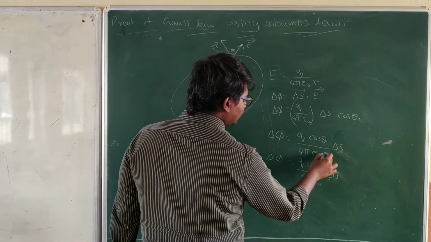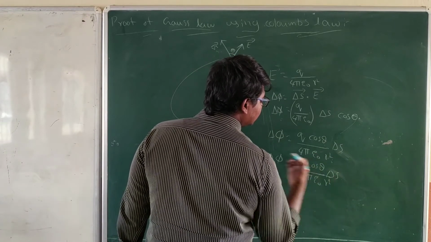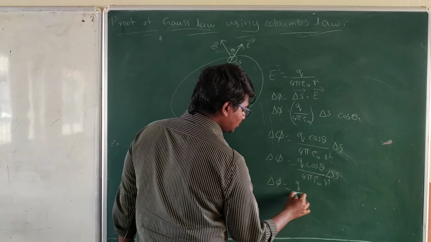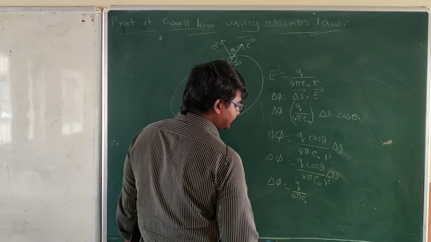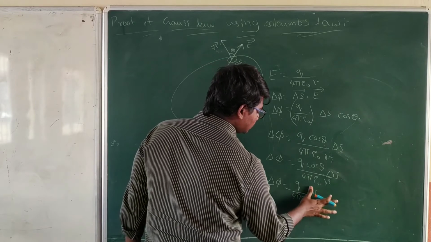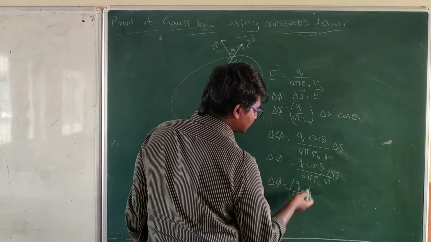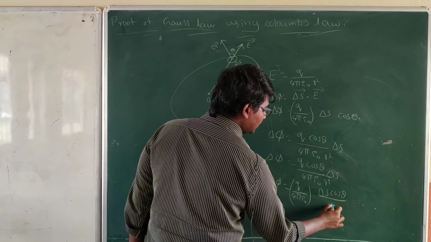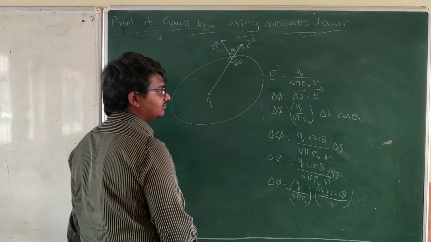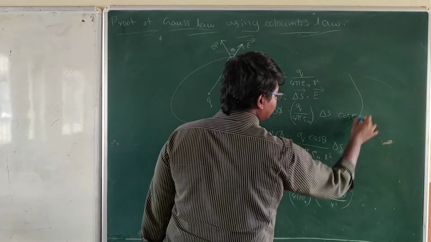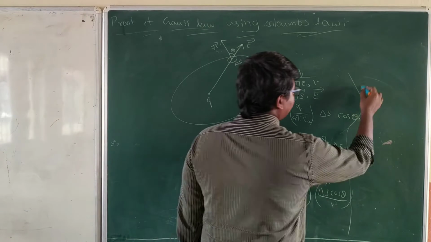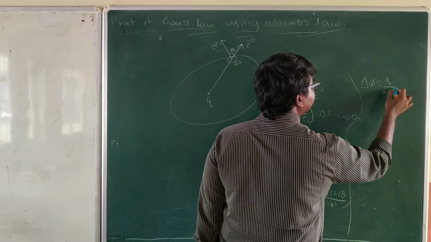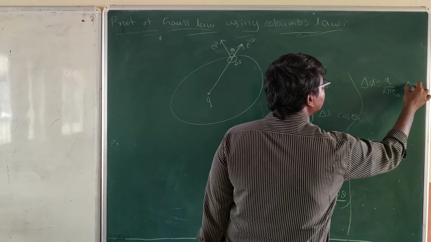Here R square is there, delta S by R square, and now delta phi is equal to Q by 4 pi epsilon naught into, taking this outside, the remaining term delta S cos theta by R square. Why? We will see now. Delta phi is equal to Q by 4 pi epsilon naught into delta omega.